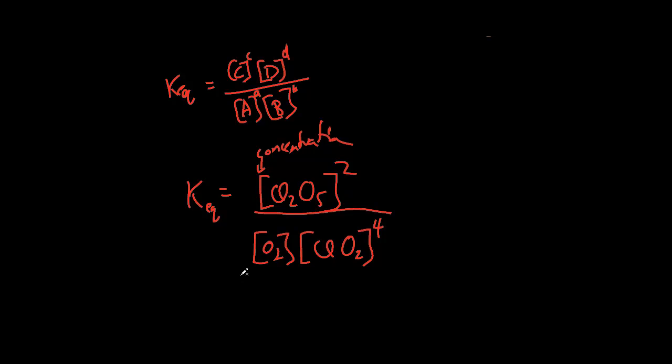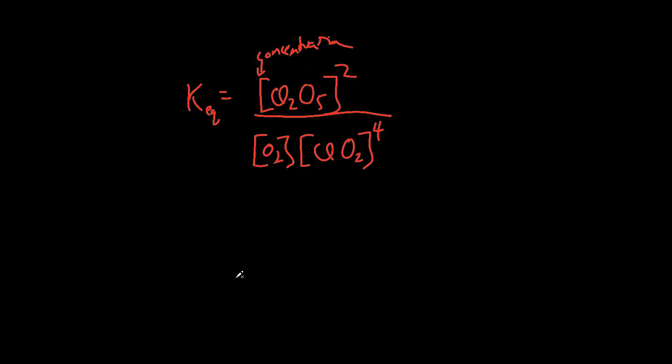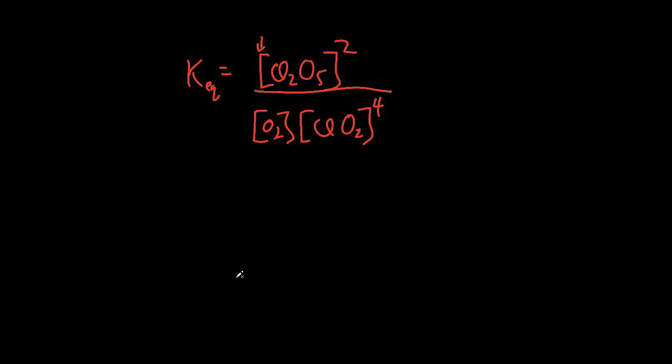Right. And if I were given specific numerical values for the concentrations of products and reactants, I could get KEQ, and if it's greater than 1, I could tell you if the reaction is going to take place, because that would mean it would favor products. All right, let's try an example. Say you were given the concentration of Cl2O5 equals 3 molar.